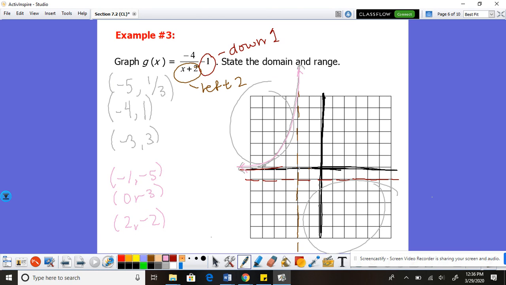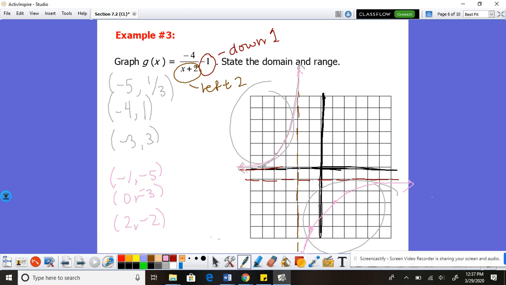So if I come plot here, -1, 1, 2, 3, 4, 5 would be right here. 0, -3, sorry. 0, 1, 2, 3 here. And then 2, -2, 1, 2, 1, 2. So this would be like this, and this would continue going towards the asymptotes.